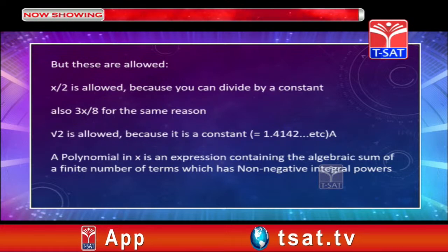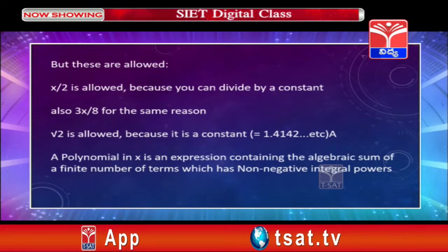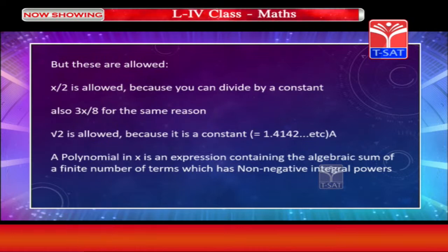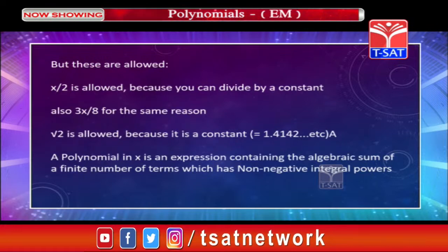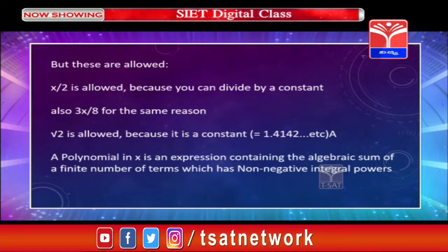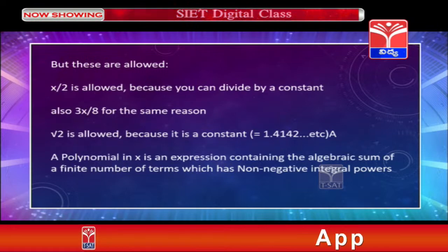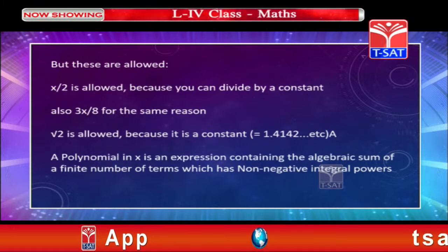Maybe you have a doubt: x by 2, I am taking x by 2. So, x by 2 is allowed because you can divide an expression by a constant, but you cannot divide an expression by the variable, correct.